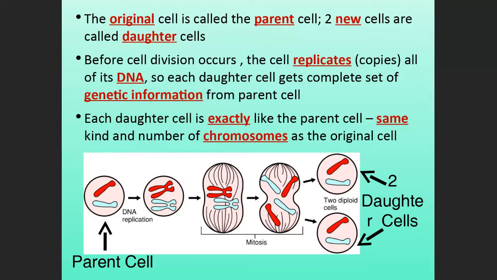The original cell is called the parent cell, which divides to give rise to new cells called the daughter cells. Before cell division occurs, the cell replicates and makes its own copies of the DNA. So each daughter cell gets the complete set of genetic information which was previously present in the parent cell. Each daughter cell is exactly like its parent cell, with the same kind and number of chromosomes as the original cell. So you see here, this is the parent cell producing its copies.